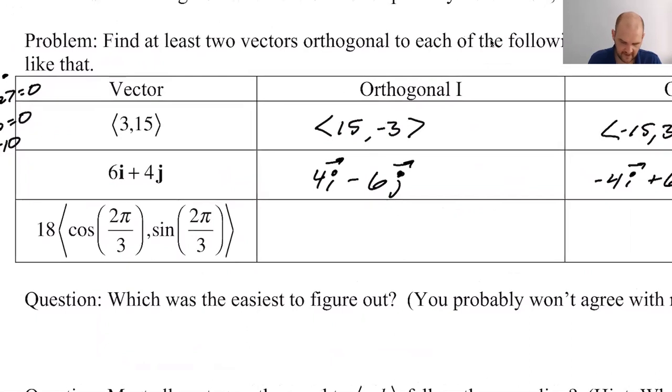All right. Now, 18, okay. One thing, for orthogonal vectors, the magnitude of the vectors doesn't really matter. You could be using the unit vectors and they'll be orthogonal, or you could take the unit vectors and scale them up to 3 trillion. Not going to change the angle between them. So what I'm saying is this 18, no one cares.